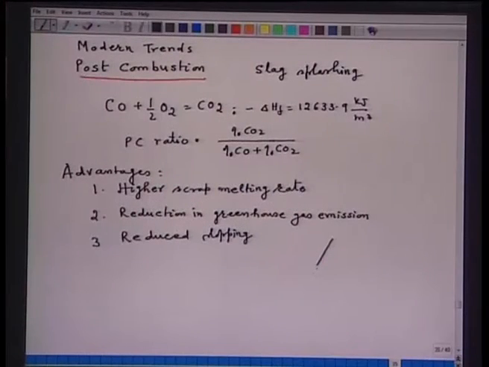But what is important for the post combustion technology is again the development of a system to blow an additional amount of oxygen for post combustion purposes. Now, see the problem. If I draw a converter over here, this is my main oxygen which I am blowing through a lance, this is my hot metal and this is the slag.